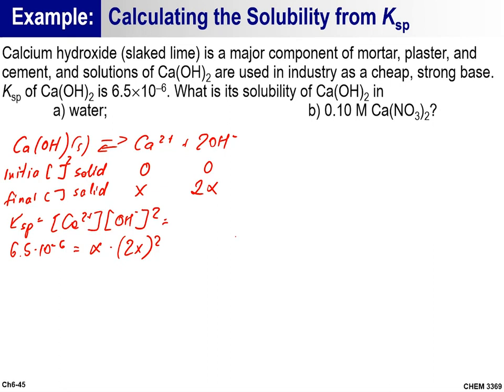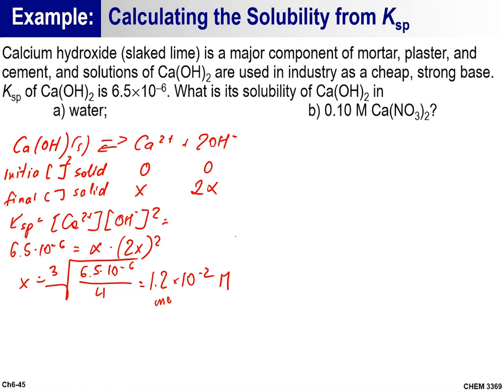Although we have x to the power of 3, we can quite easily solve it for x. The x from this equation will be equal to the cube root of Ksp, 6.5 times 10 to the negative 6, divided by 4. So this concentration will be 1.2 times 10 to the negative 2, in moles per liter.